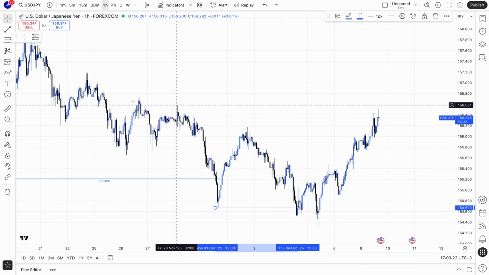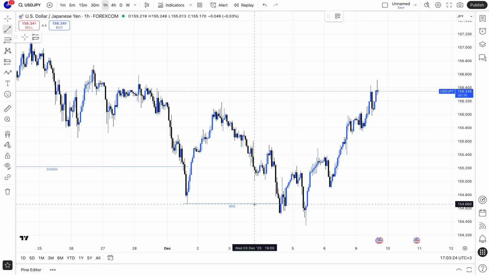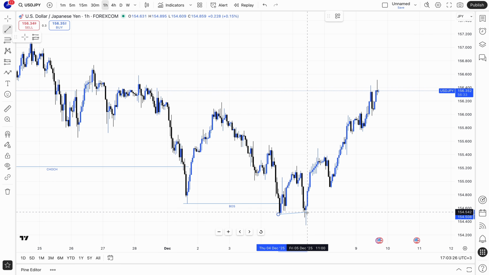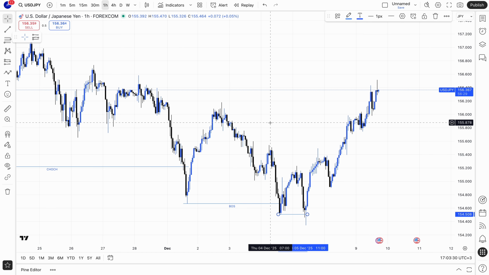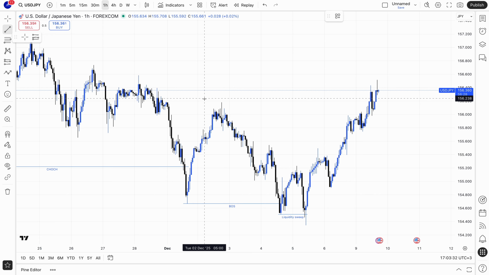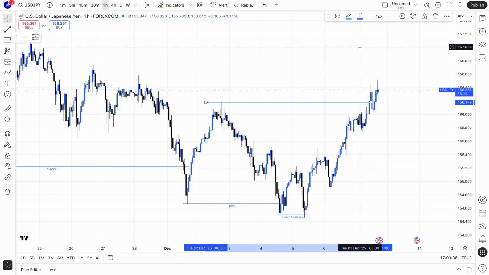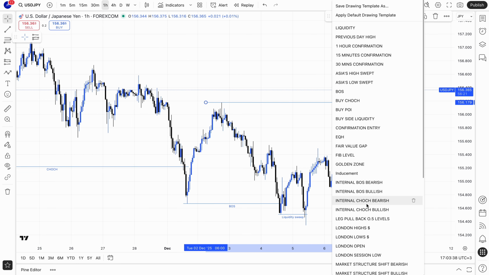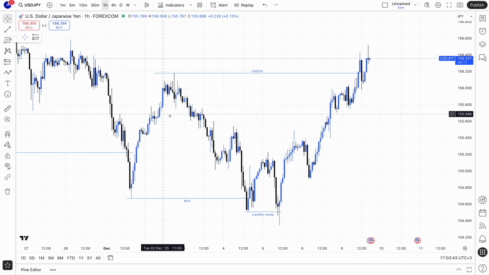Then you have a change of character to the downside. Then you have a liquidation to the downside. And then you have this, super simple.